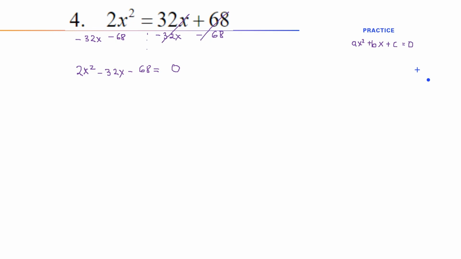We realize that all the coefficients are even in this case, so we reduce with a factor of 2, divide both sides by 2. We'll have x squared minus 16x minus 34 equals 0.